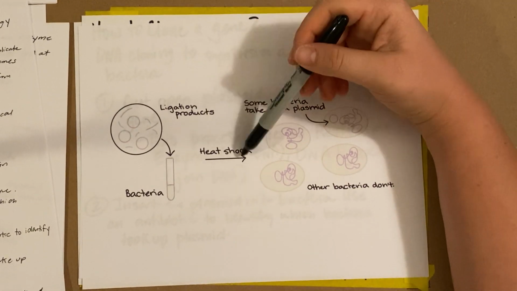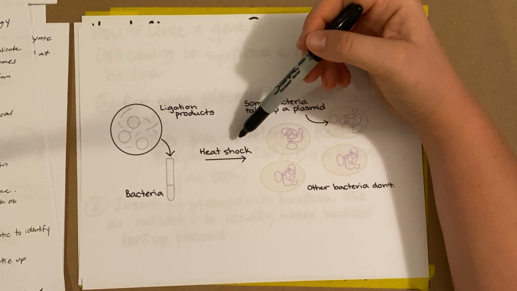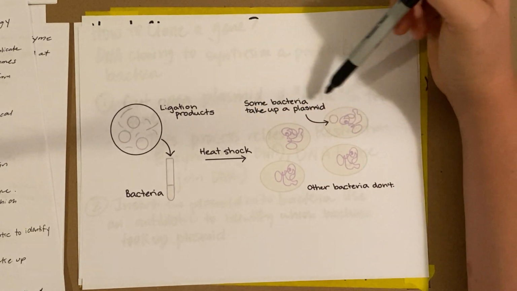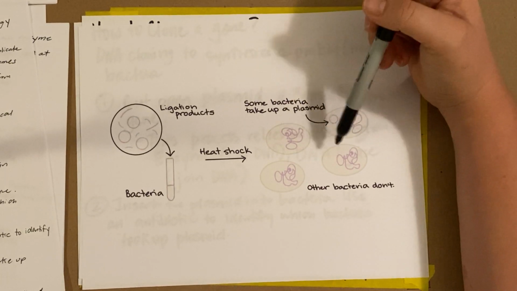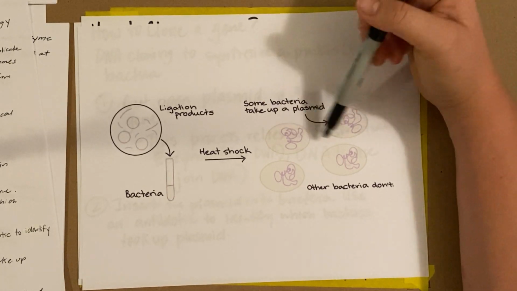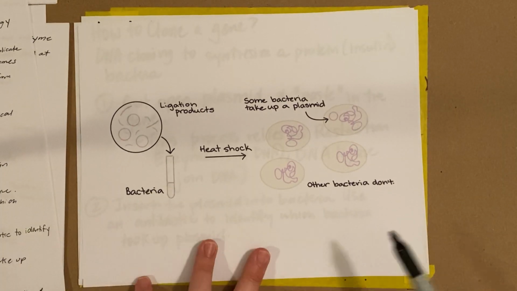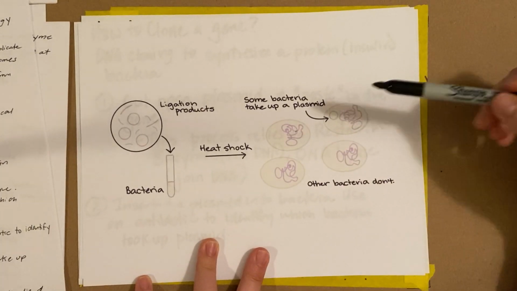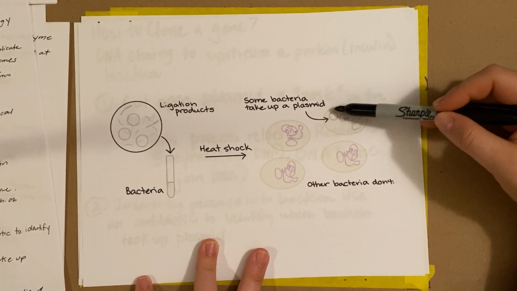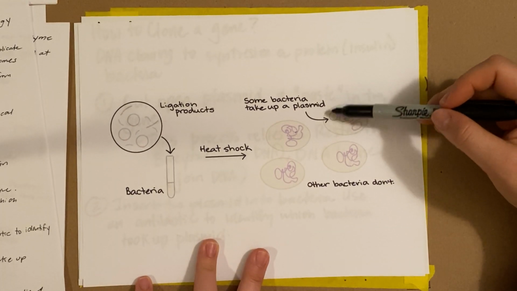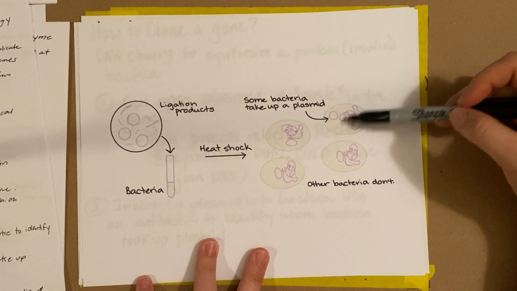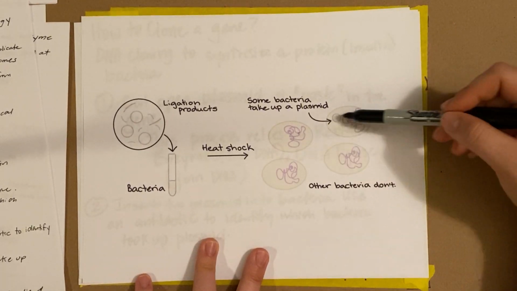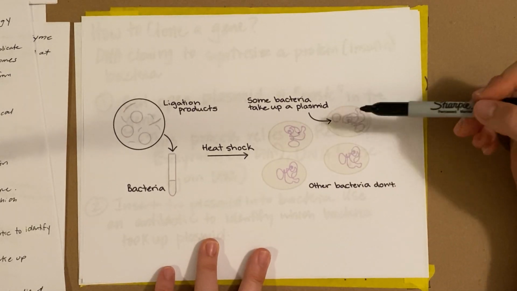And I looked into it, and they don't actually know why this happens, but when you heat shock bacteria, they're more likely to have that plasmid taken up into the cell. So what I want you to see is that there's been a heat shock, and then we have 4 bacteria right here. Only one of the bacteria has actually taken up the plasmid. And so when we're looking for bacteria that have this plasmid, we need to be able to somehow identify which ones have it and which ones don't.